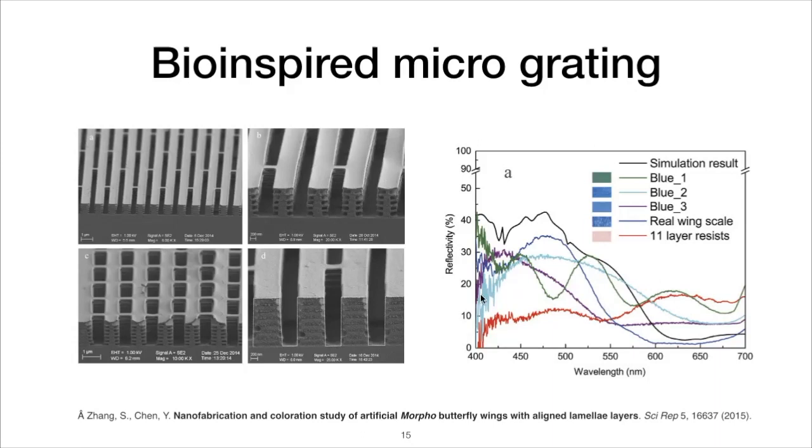You can change the dimensions. Blue 1, blue 2, blue 3 are different structures that they have tried in their experiment and in their simulation. You could see the differences between the places of the peak. Here produced maybe a greener peak.